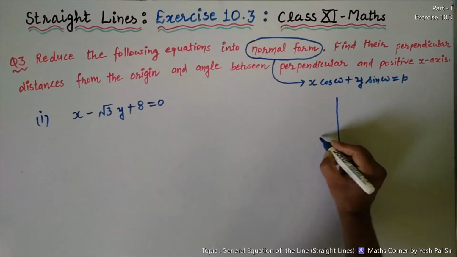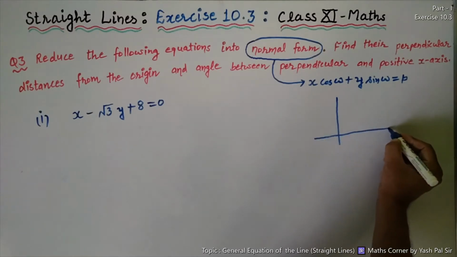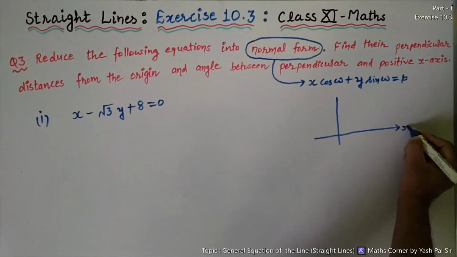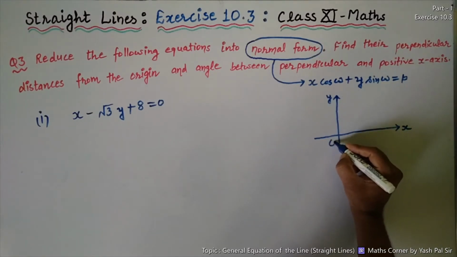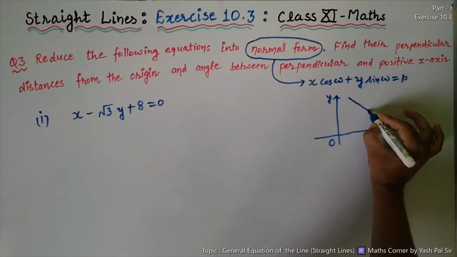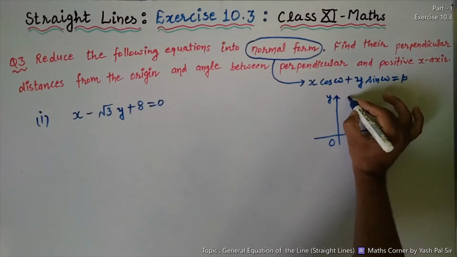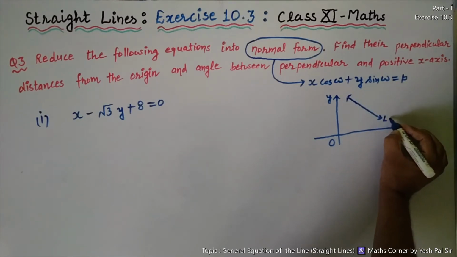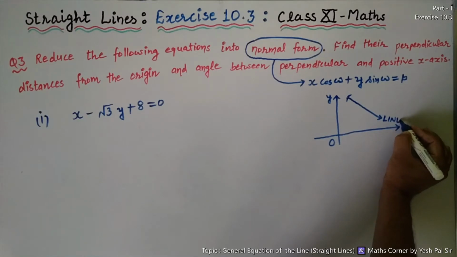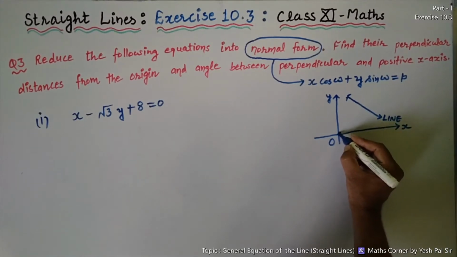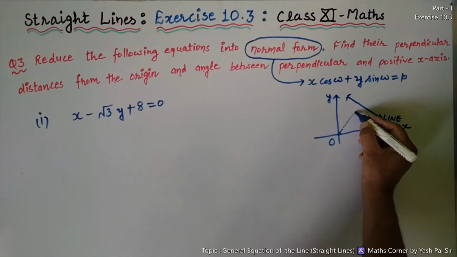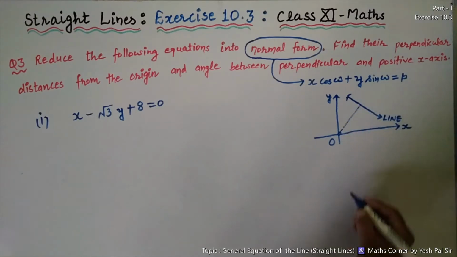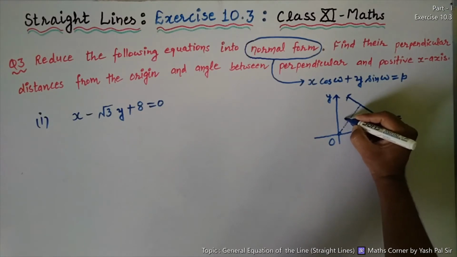p. Geometrically, if I explain this, this is the coordinate system of axes, x-axis and y-axis. O is the origin, and this is the line. From the origin we draw the perpendicular on the line.